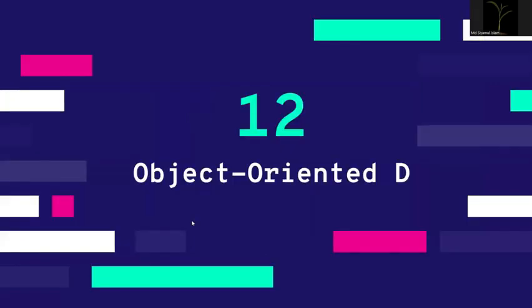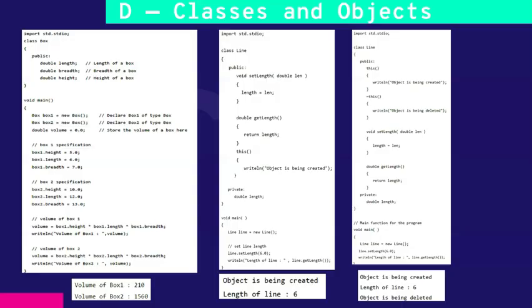Now we will go briefly through the object-oriented part of the D programming language. In the object-oriented paradigm, the D language is very similar to C++.